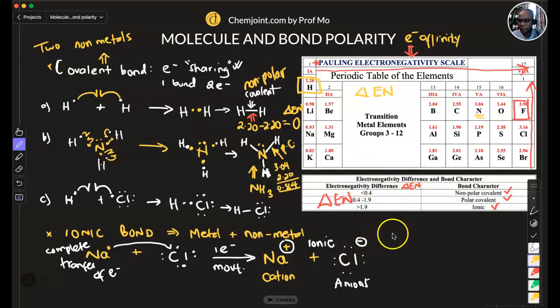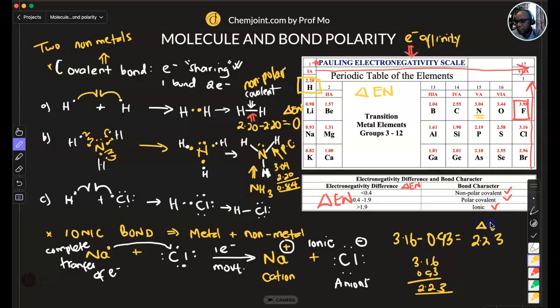So we will call that bond here polar and covalent. That's the idea. For sodium chloride, chlorine has 3.16. We usually subtract the smaller number from the bigger number. Sodium has 0.93. If you do the subtraction, we get 2.23.